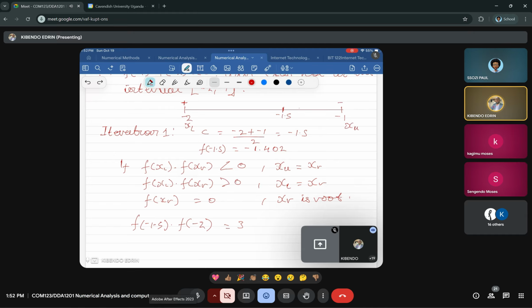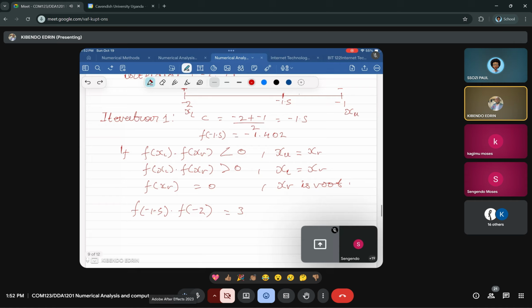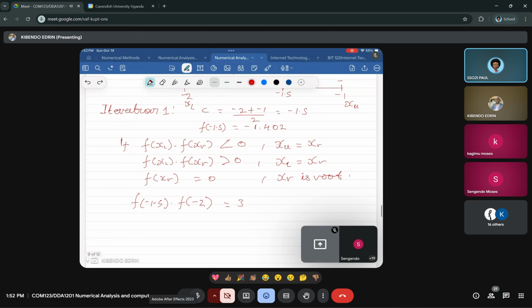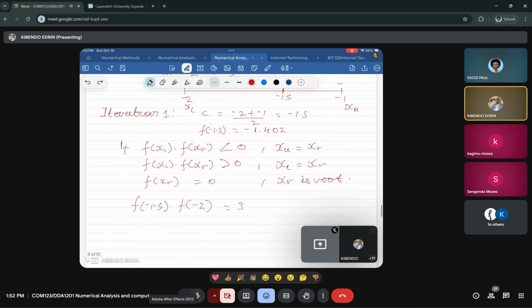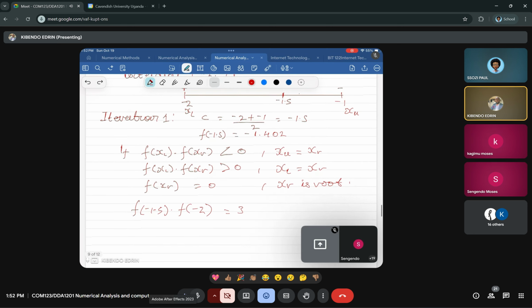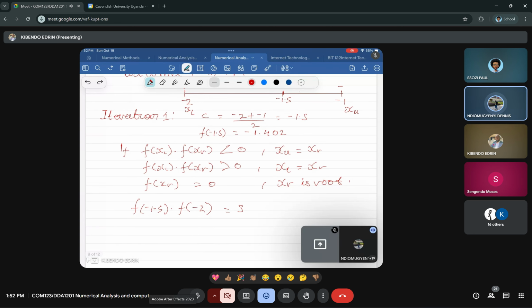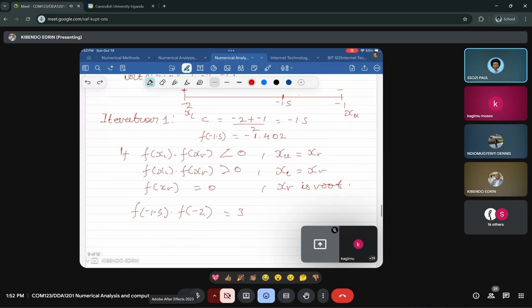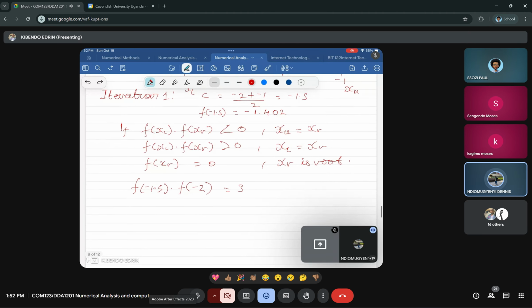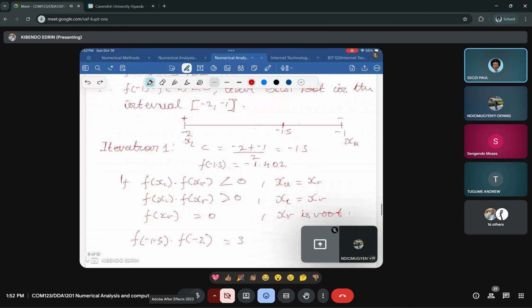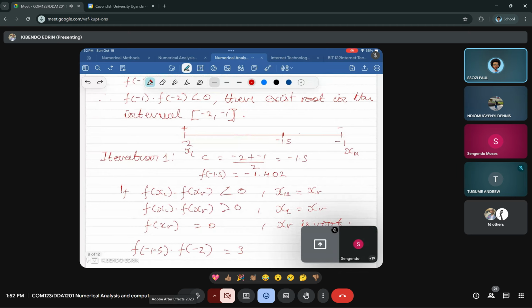Let's correct them. What, guys, is the new interval? It is negative 2 and negative 1.5. Okay. No, it's negative 2 and negative 1.5. Bwana Sozi, you are taking a different thing.